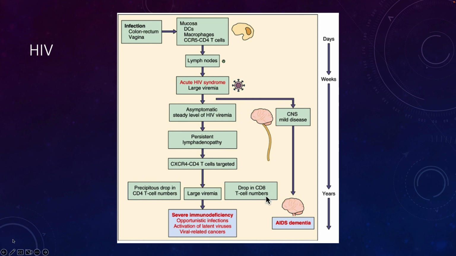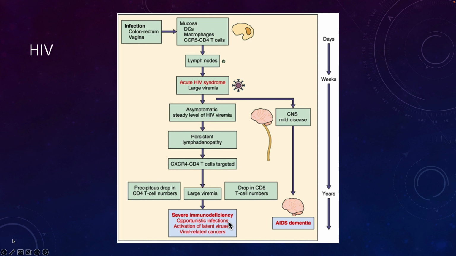We also will see a drop in the number of CD8 positive T cells. When we get to a certain level of CD4 positive T cells and we begin to see the presence of these opportunistic infections, that's when we say a patient has progressed to AIDS.